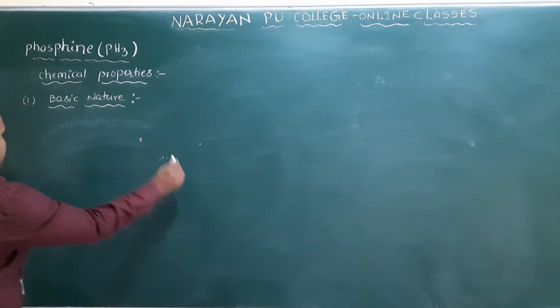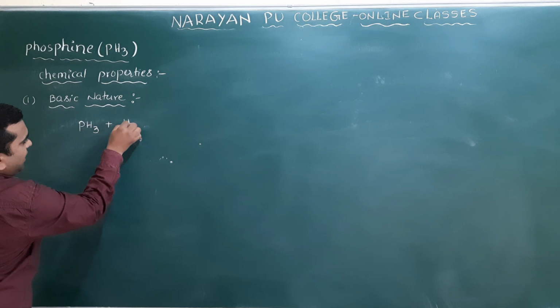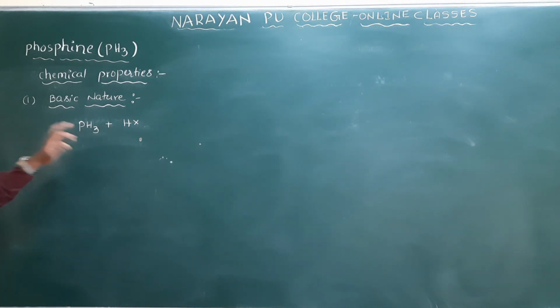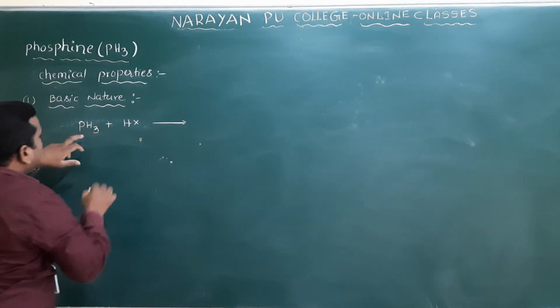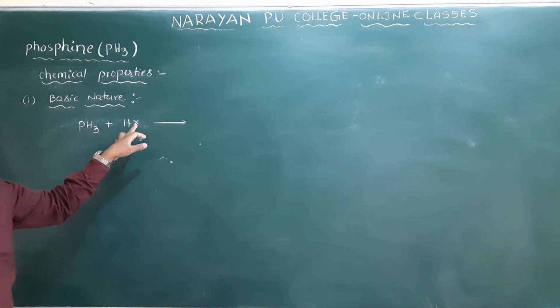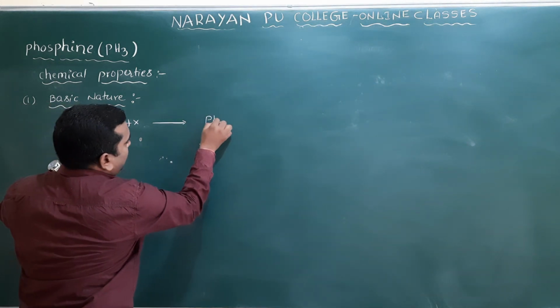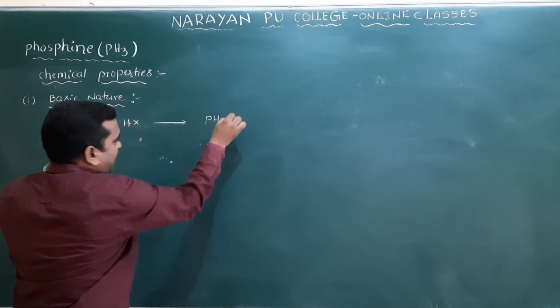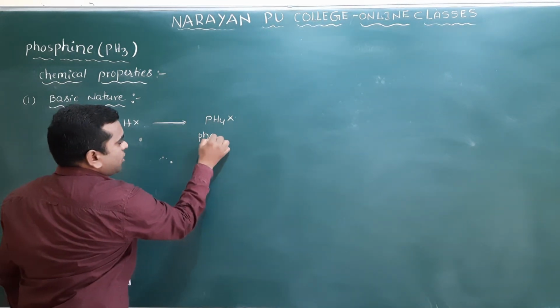What is that reaction? PH3 treated with HX, halogen acids or hydrogen halides. It is a base and an acid, so you would get salt plus water, but water you will not get because we are taking HX. So you will get the salt PH4X, phosphonium halides.